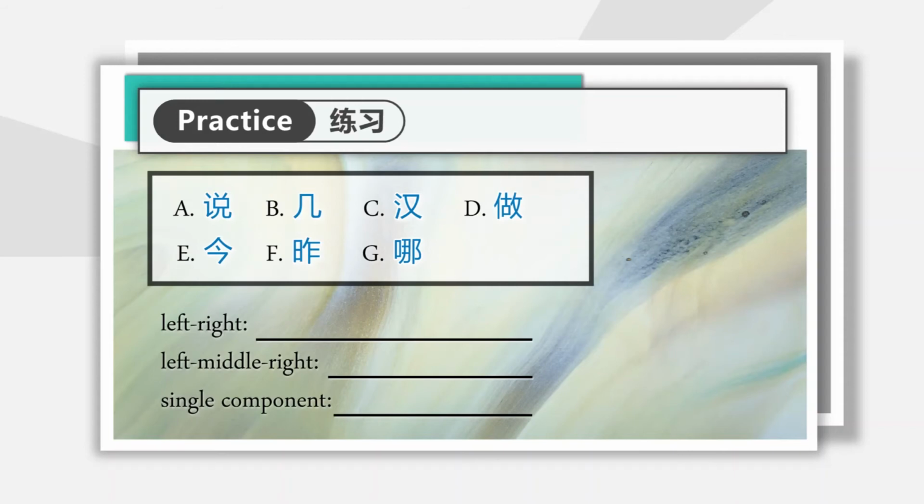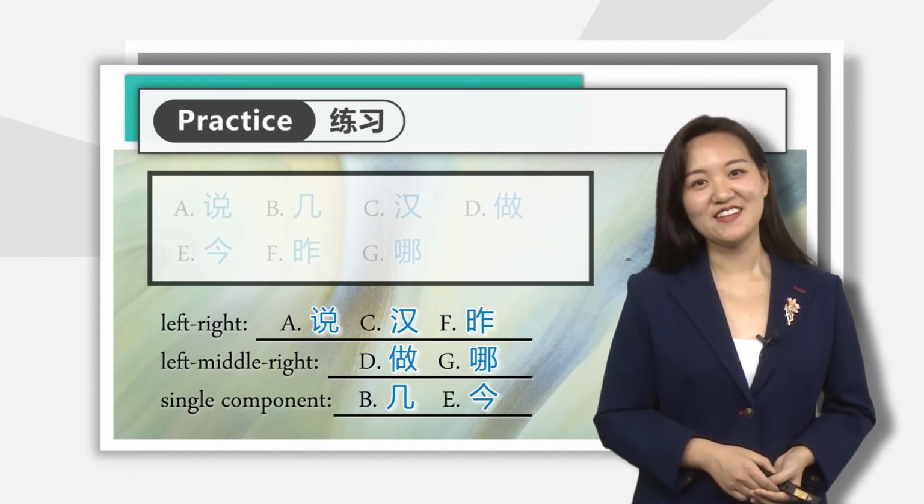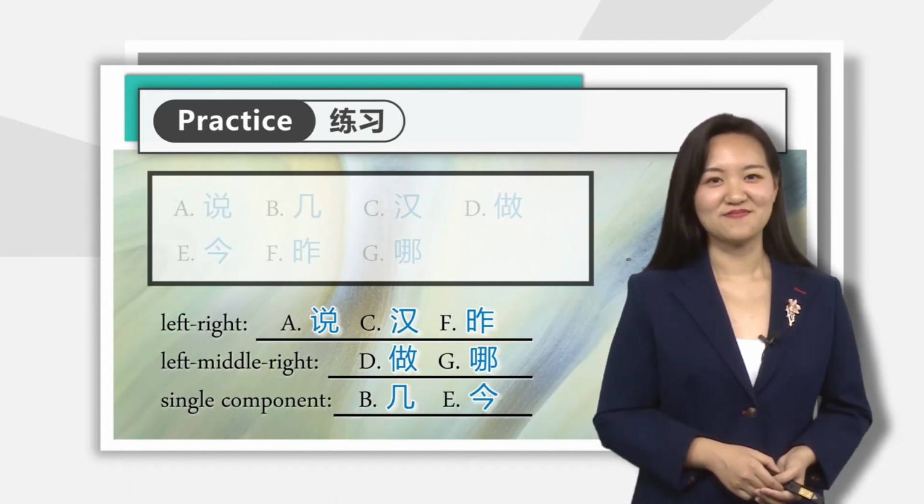A. 说 C. 汉 F. 左 Left-middle-right structure. D. 坐 G. 哪 Single component structure. B. 几 E. 斤 Did you get it? Well done.